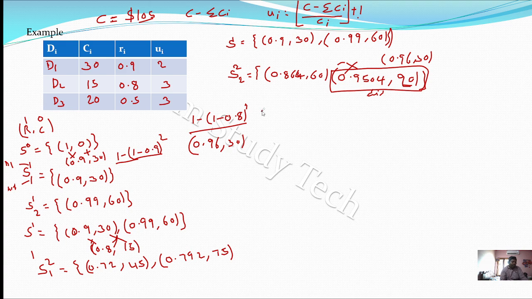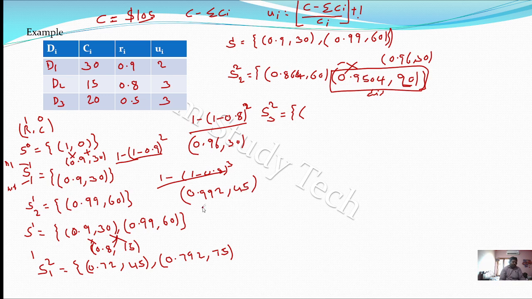So I am now preparing S2 with device D2 and 3 copies. Here that means 1 minus (1 minus 0.8) whole cube. With 2 copies before, here it is 3 copies. The value here is 0.992. So 3 copies means 1 copy is 15, 3 copies is 45.